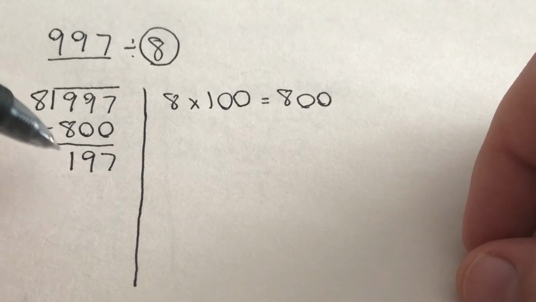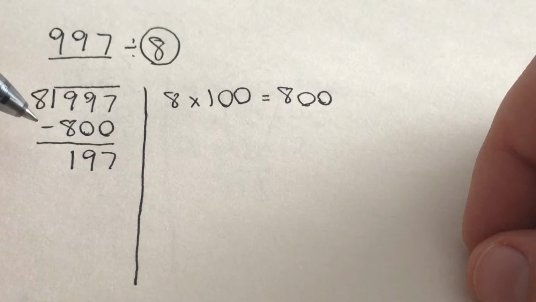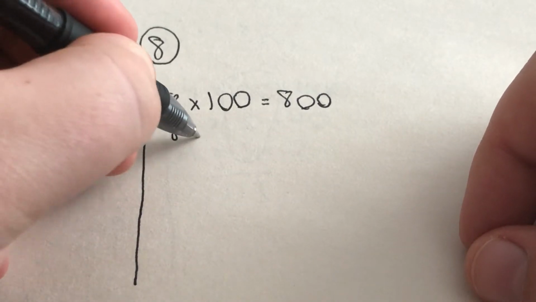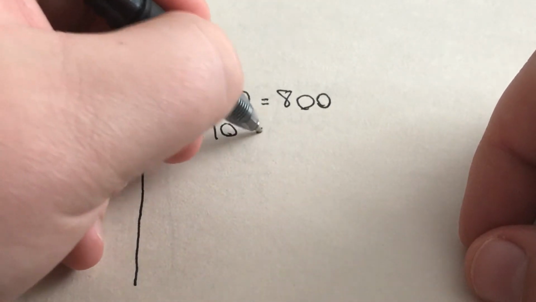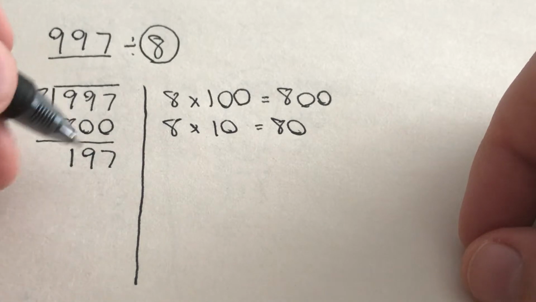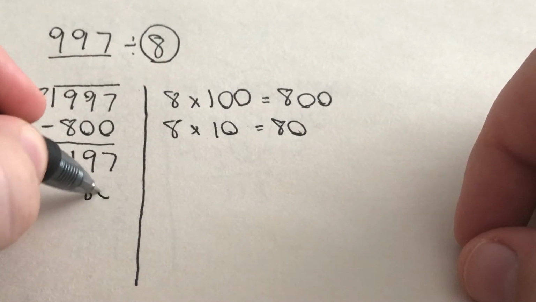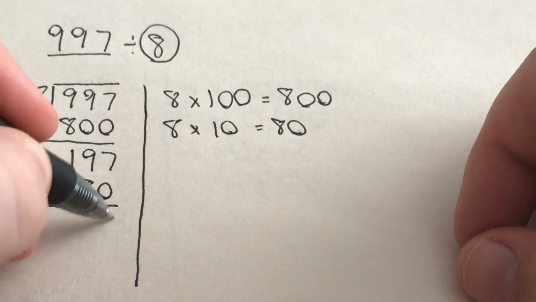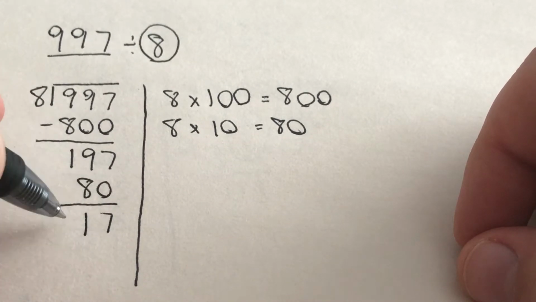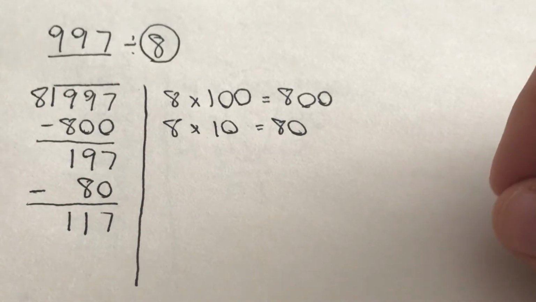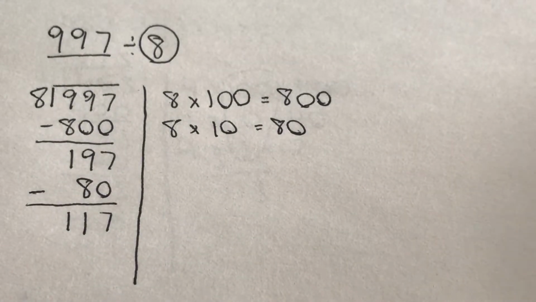So we're dealing with 197. Let's just go ahead and stick with 8 times 10, which of course equals 80. So subtract our 80. 7 minus 0 is 7, 9 minus 8 is 1, and 1 minus the nothing is 1 again. Now we're dealing with 117.